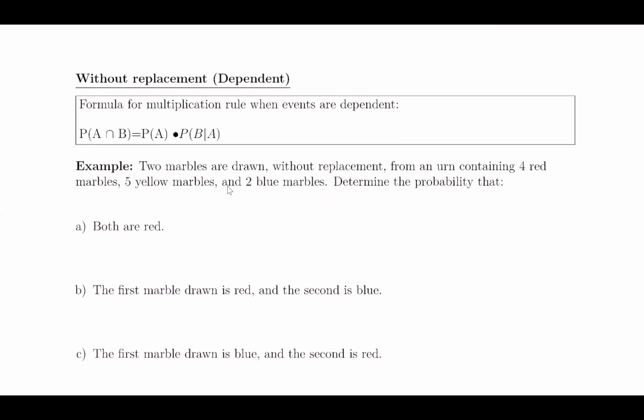All right, so up next, we're going to do something that we already did before, but we're going to add an extra twist to it. So before, we were doing a multiplication rule where we're saying probability of A and B is equal to probability of A multiplied by the probability of B. That's what we did last week.